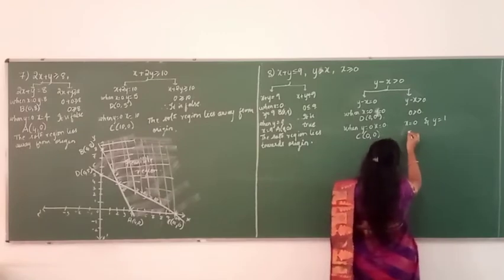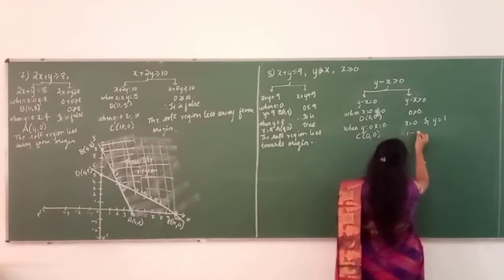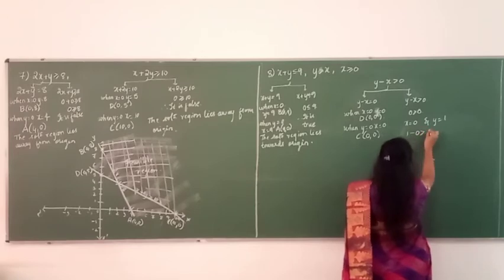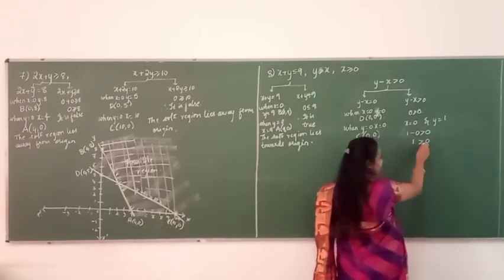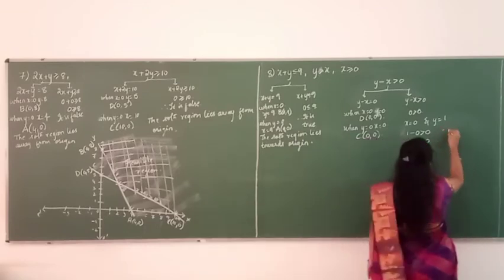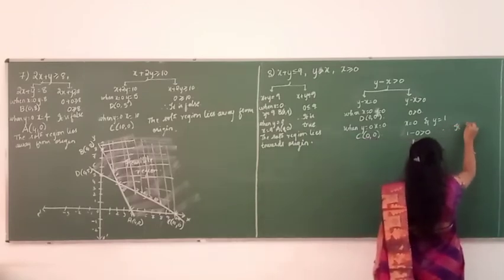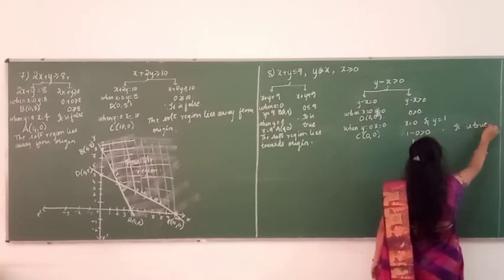So what are we getting here? 1 minus 0 is greater than 0. 1 is greater than 0. Obviously 1 is greater than 0. Therefore, it is true.